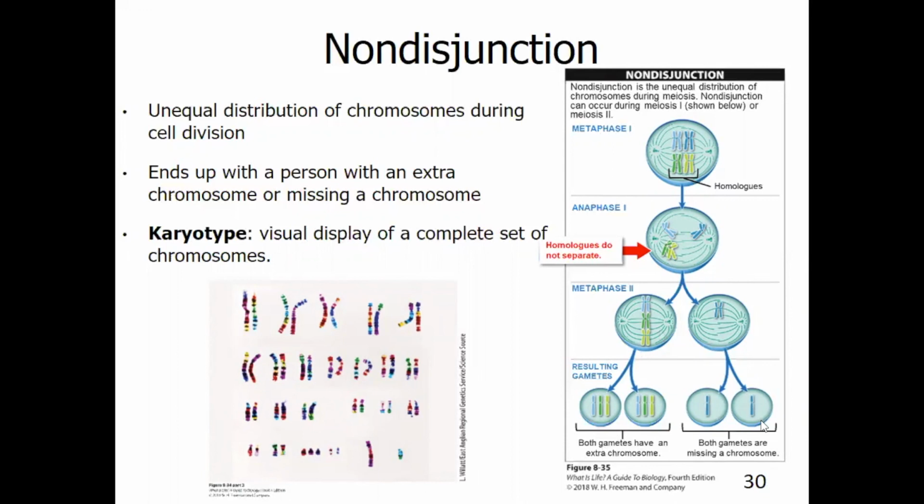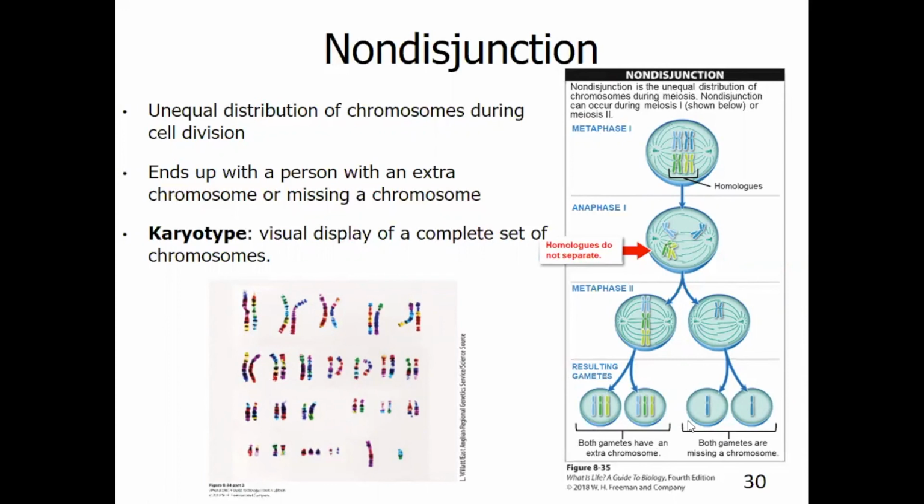They are missing a green chromosome. These are gametes, so these are either sperm or eggs. And what that means is when this gamete from this parent combines with a gamete from another person, the result is going to be an individual that is missing a chromosome.